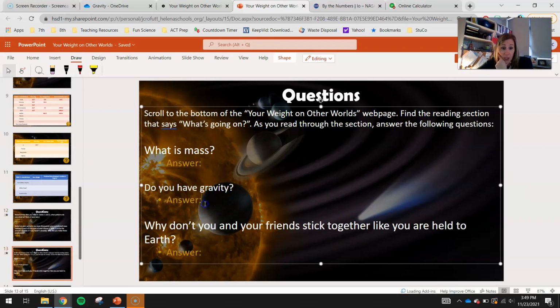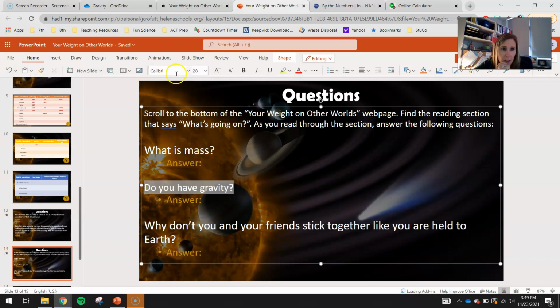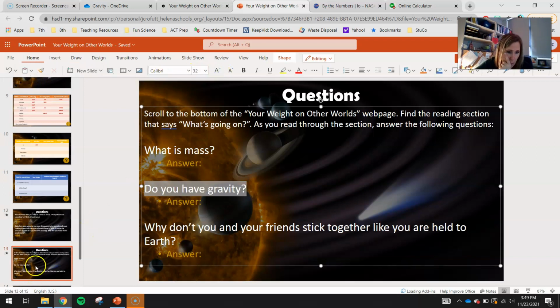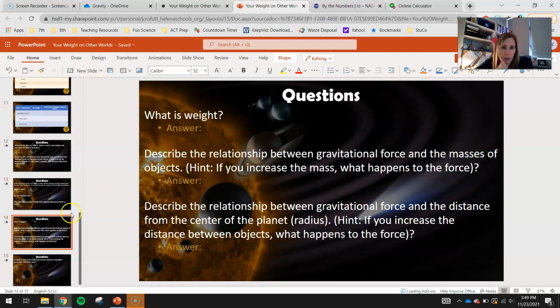Answer, what is mass? Do you have gravity? Why don't you and your friends stick together the way you are held to the earth? So you stick to the earth, but why don't you stick to your friend, if you have gravity? Okay, and then the next slide. What is weight? Describe the relationship between gravitational force and the masses of objects.